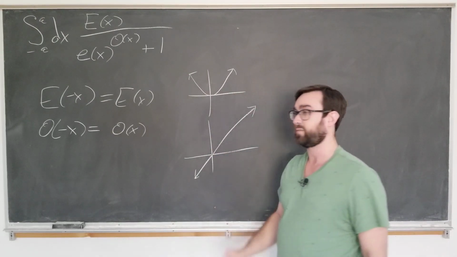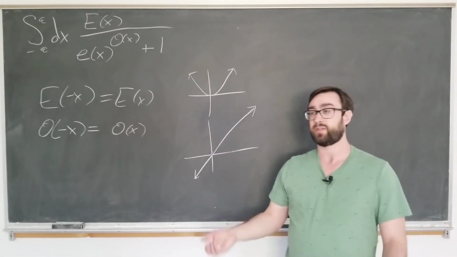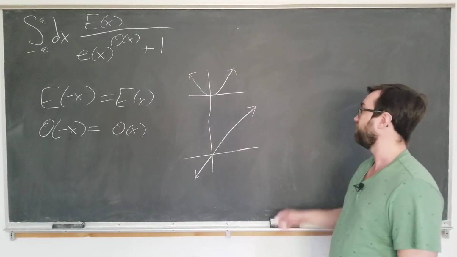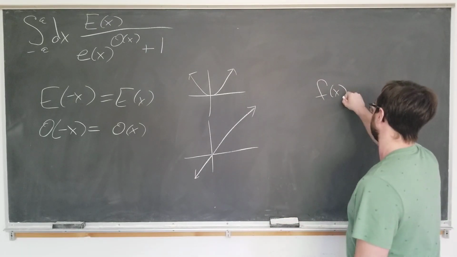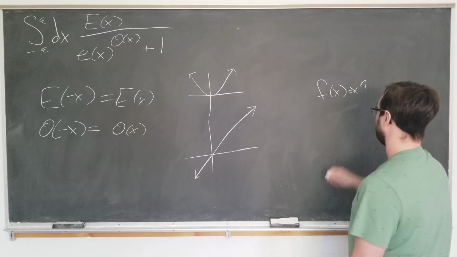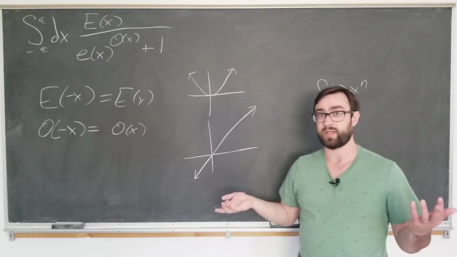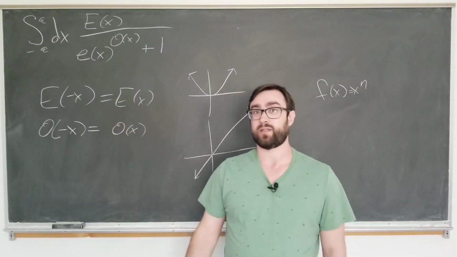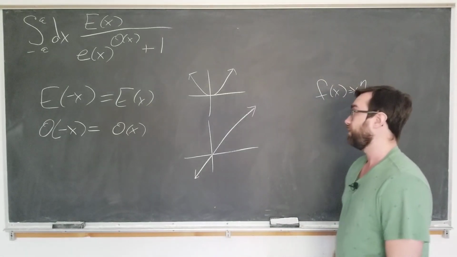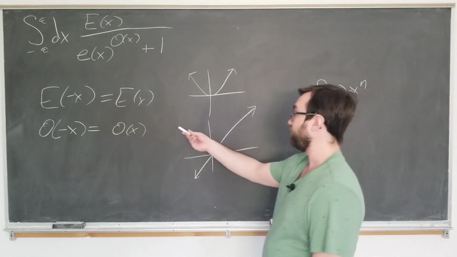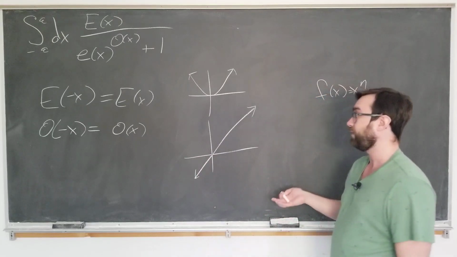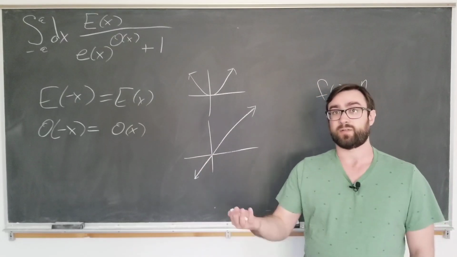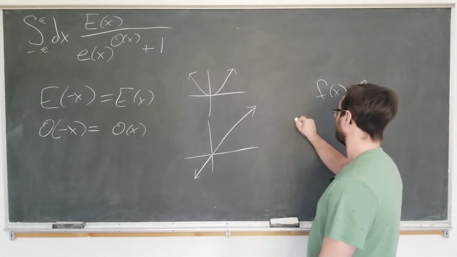And that's actually why the functions are called even and odd, since if you had a function x to the n, it's going to be even for n even, and it's going to be odd for n odd. And just another fun fact, it can also be shown pretty easily that any even function has a Taylor expansion with even coefficients.